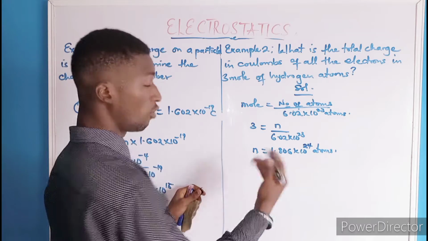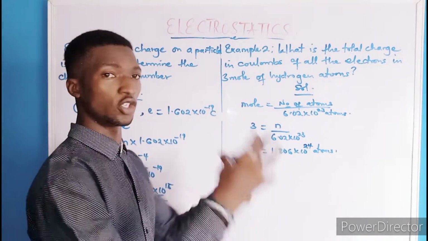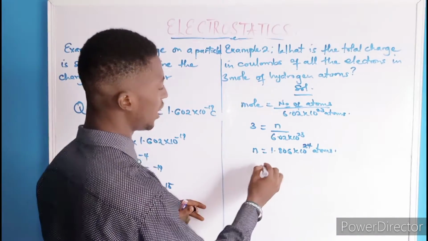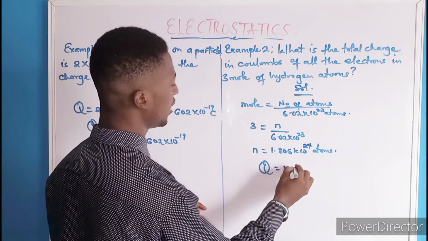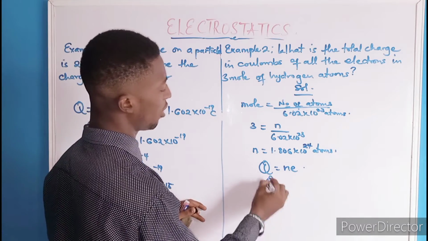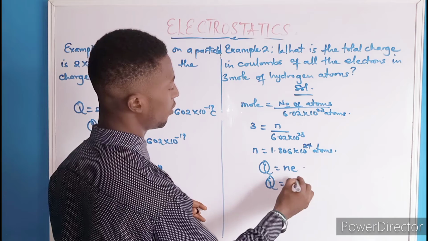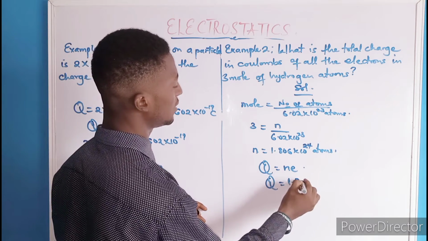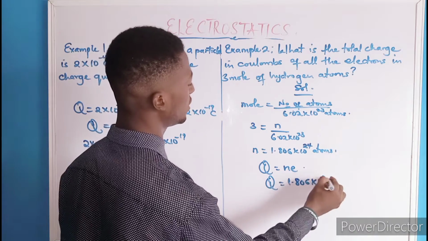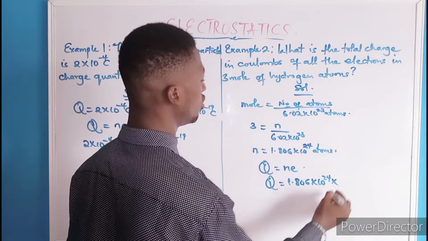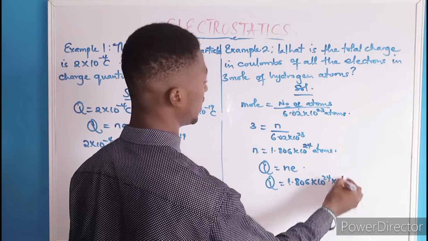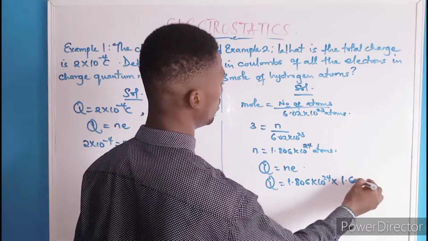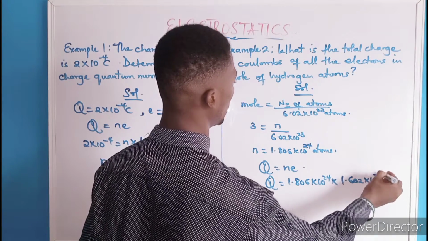So here, don't forget the expression which I've given you for the total charge. For the total charge, you have that your Q is equal to Ne. And here you have our Q now to be N, 1.806 times 10 raised to the power 24, times your charge of electron, which I've given you earlier to be 1.602 times 10 raised to the power minus 19.